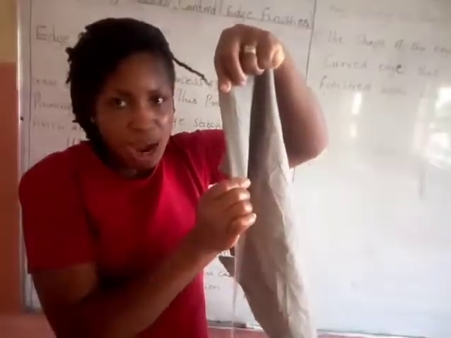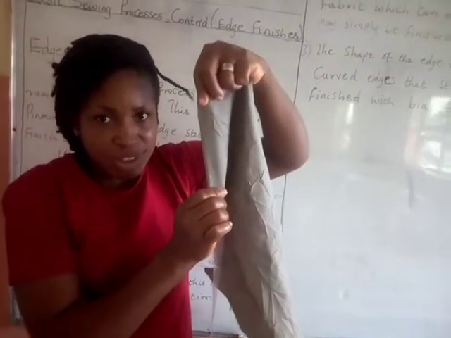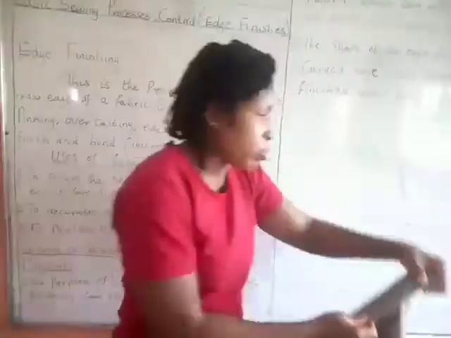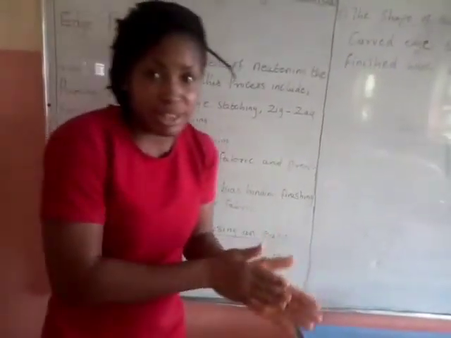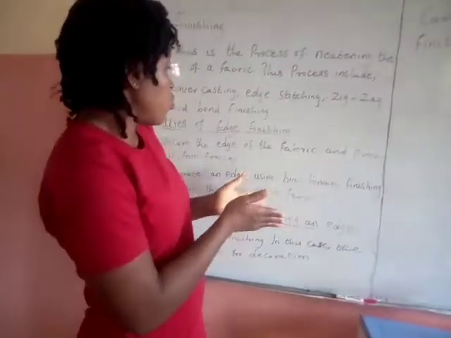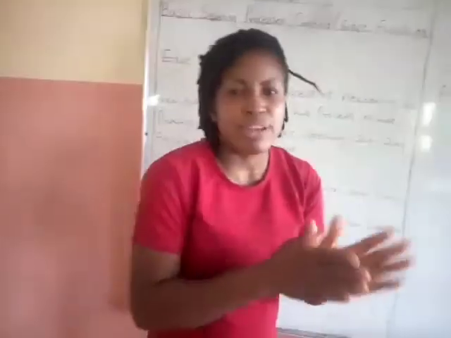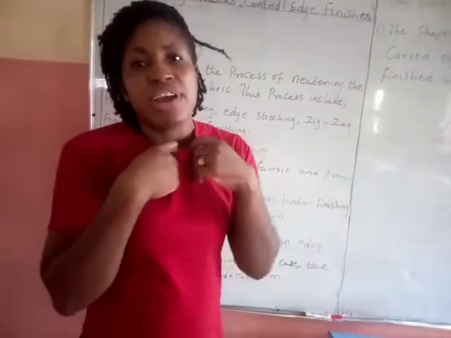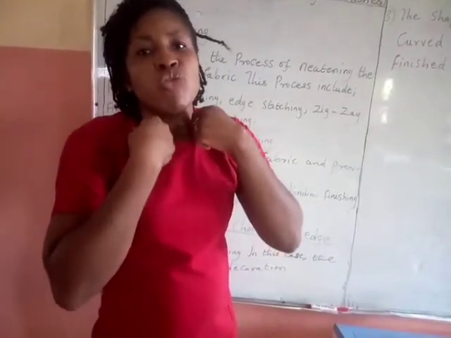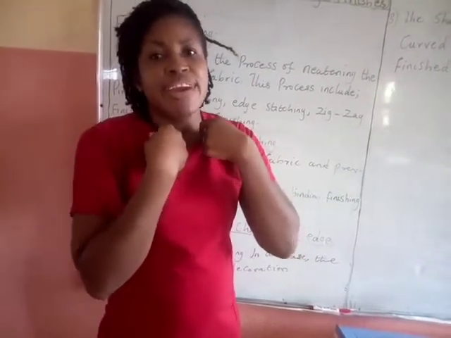You see how neat it is, and it has given it a professional look. Number three is neatening the edge of the fabric, which I just explained. So that is the use of the edge finishing, to make the material look more beautiful. You can see this cloth I have here. I also use a fabric to do the edge finishing on the neckline.